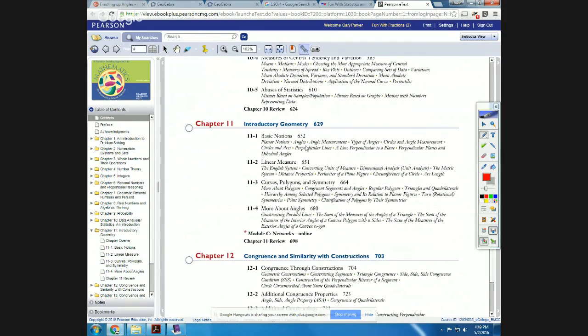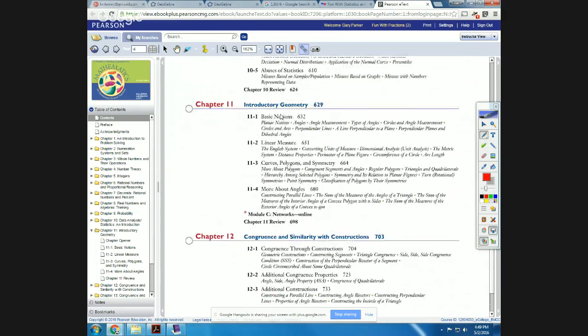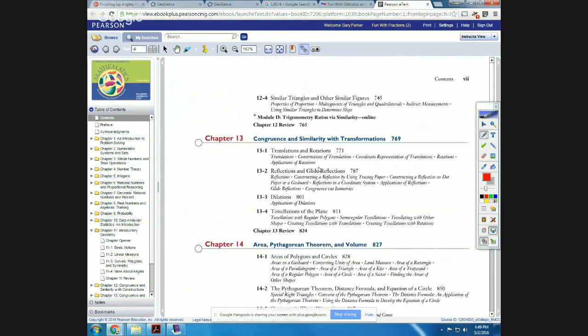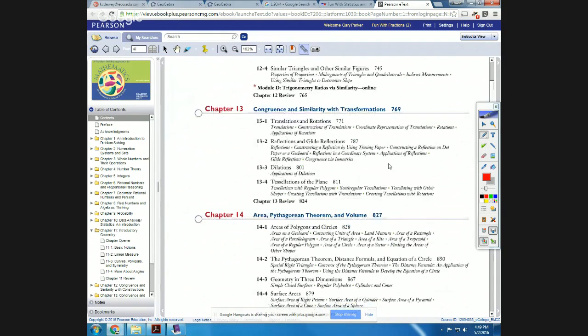We hinted at symmetry a little bit, and there's a whole bunch of symmetry in chapter 12, congruence and similarity with constructions. There's some really cool artsy stuff we can look at in chapter 12. Next page. Chapter 13, more congruence and similarity, but with transformation. So sliding things around, stretching things. There's some fun stuff there too we can look at.